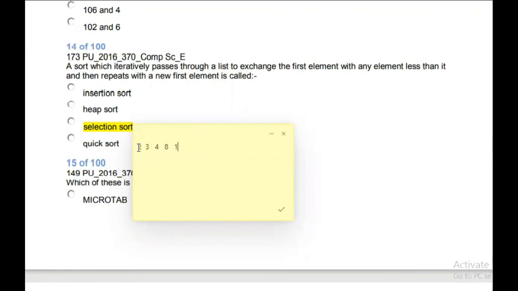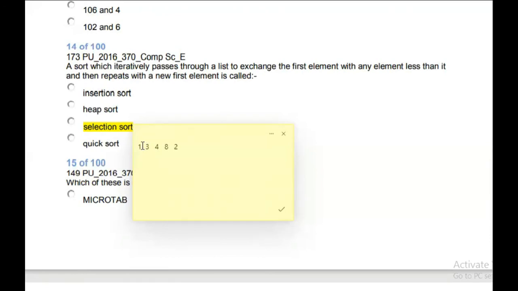The 2 is smaller, so no change. 2 is compared to 4, 2 is smaller, so no change. 2 is compared to 8, no change. 2 is compared to 1. So 1 is smaller, so we swap the value 1 with 2. So 2 would be here and 1 would be here. And the first iteration is completed because we have compared the first element with the other elements.